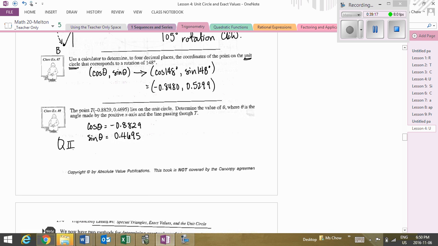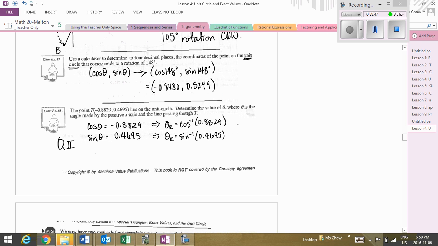I would always use the inverse of the positive value, because that will always give you your reference angle. So I know that my reference angle can be found by doing the cosine inverse of positive 0.8829. Alternatively, we can do the inverse sine of 0.4695.